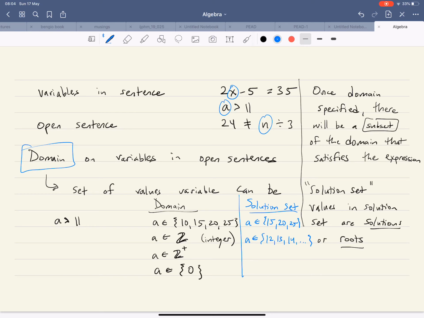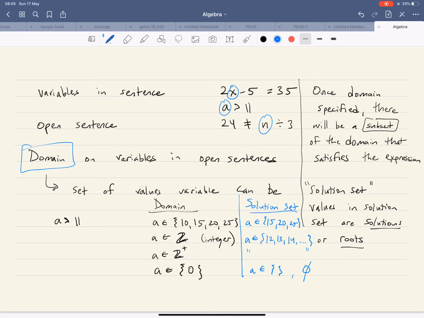Similarly, when a is in the domain positive integers, we'll have the same solution set. And finally, when a is in the domain {0}, then our solution set is going to be the empty set. This can be expressed with curly braces that don't have anything inside of them, or it can also be this 0 with a line through it. That also means the empty set.